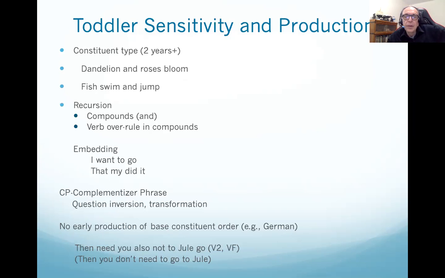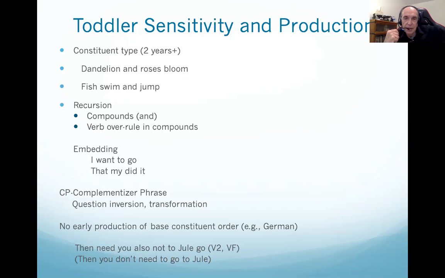Embedding, you see evidence that the kids are, between 2 and 2.5, kids begin to show examples of embedding. The sentence, I want to go, is a sentence in which there's a noun phrase subject, verb phrase predicate, I want to go. There's want, and within the verb phrase is an infinitive verb phrase complement that's embedded, or it is close to something that could become a sentence that is merged with the verb.